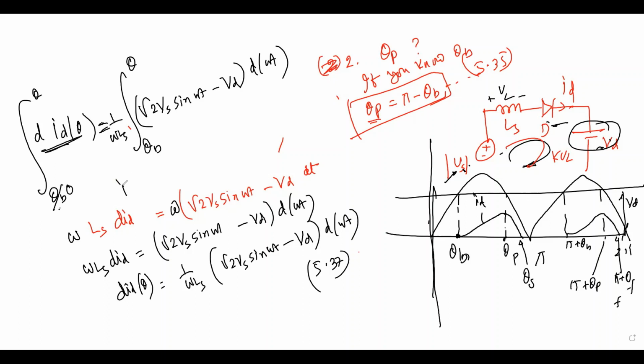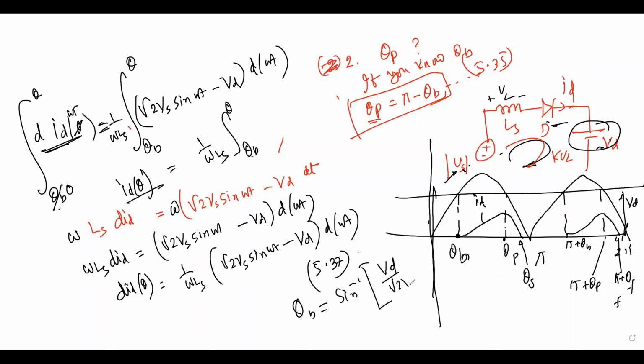Then we can write down iD of theta. Actually, okay, this will be omega t. So you can put iD of theta. The final expression will be from theta b to theta. Theta b, you know we have already found out, right? That will be Vd by root 2 Vs. So if you know Vd and Vs, then you can always find it out.